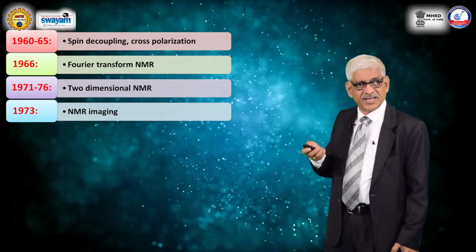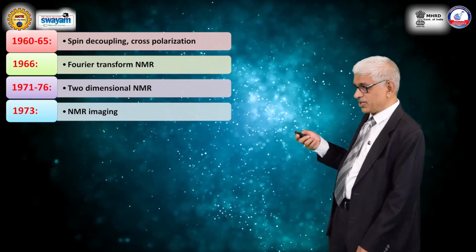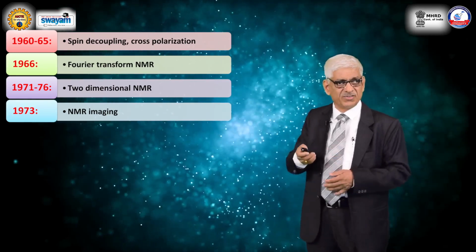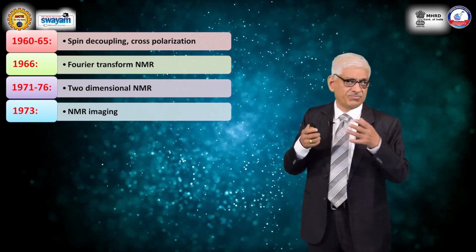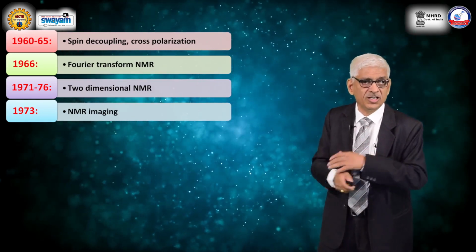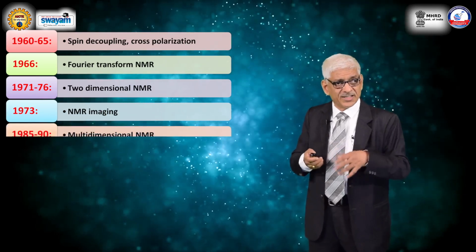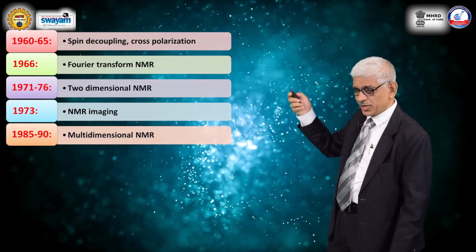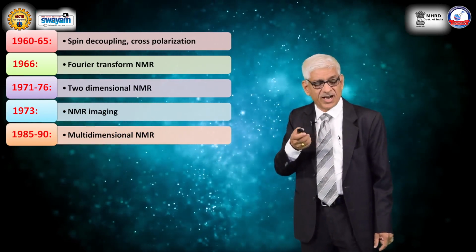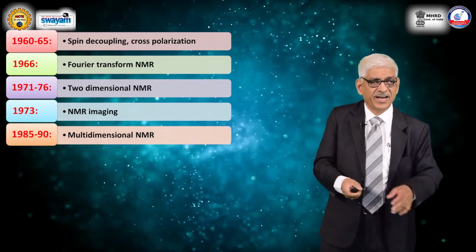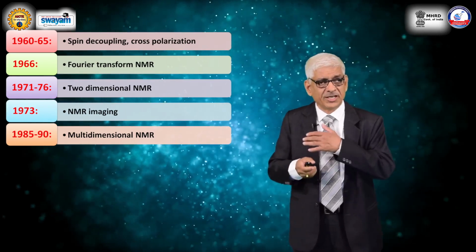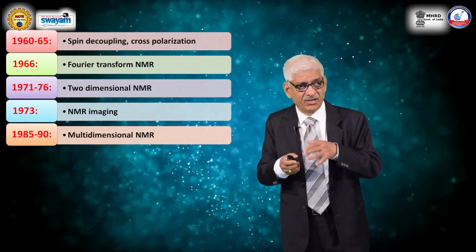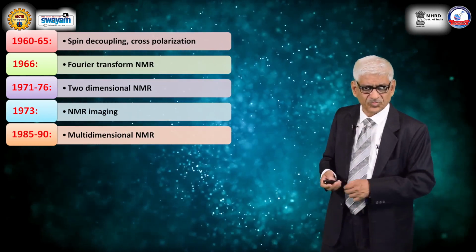MRI is a technique used in hospitals to diagnose various kinds of diseases, and it is an indispensable tool in all hospitals. Then in the 1980s, multidimensional NMR came up, which was an extension of two-dimensional NMR, and this again caused a revolution and entered the realm of biology, chemistry, and other related subjects.